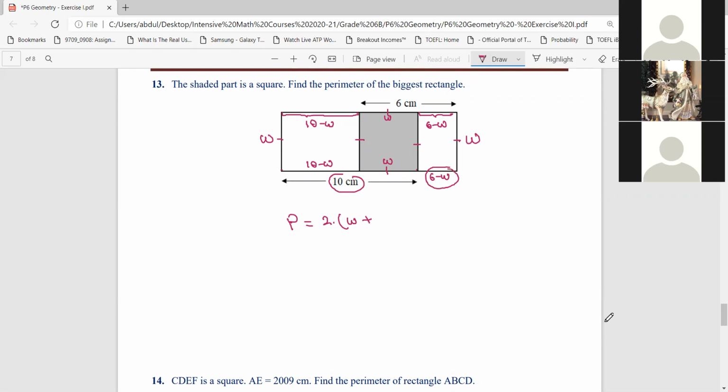So here we have 10 plus 6 minus W plus W, and minus W plus W is equal to 0. 10 plus 6 is equal to 16. So 2 times 16 is equal to 32. Therefore, the perimeter of the big rectangle is 32 centimeters.